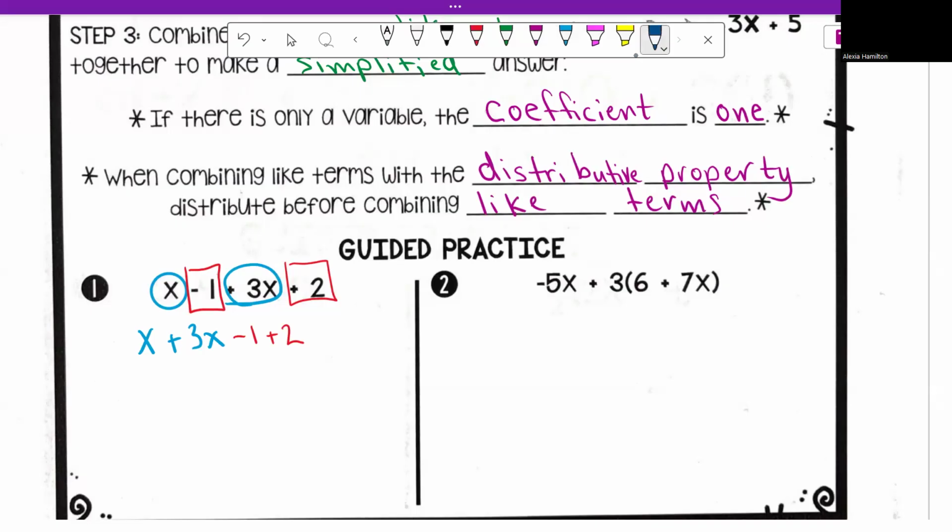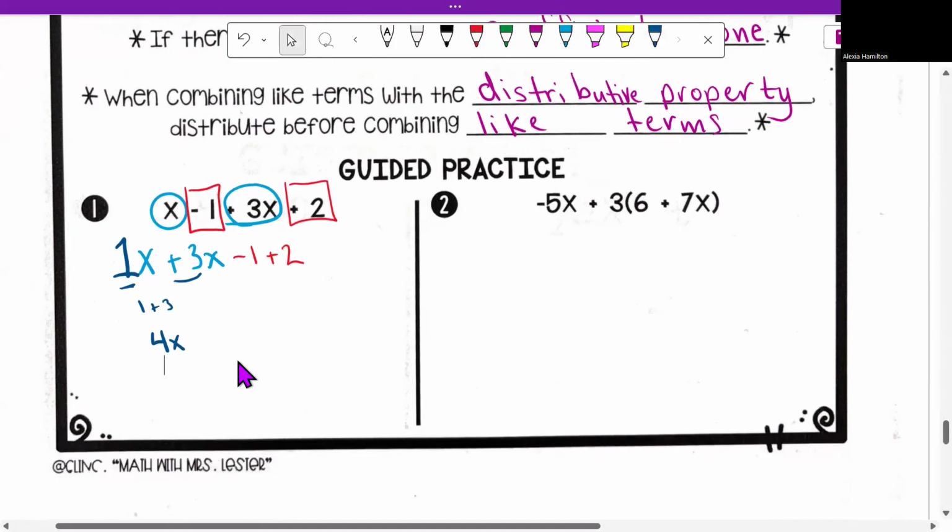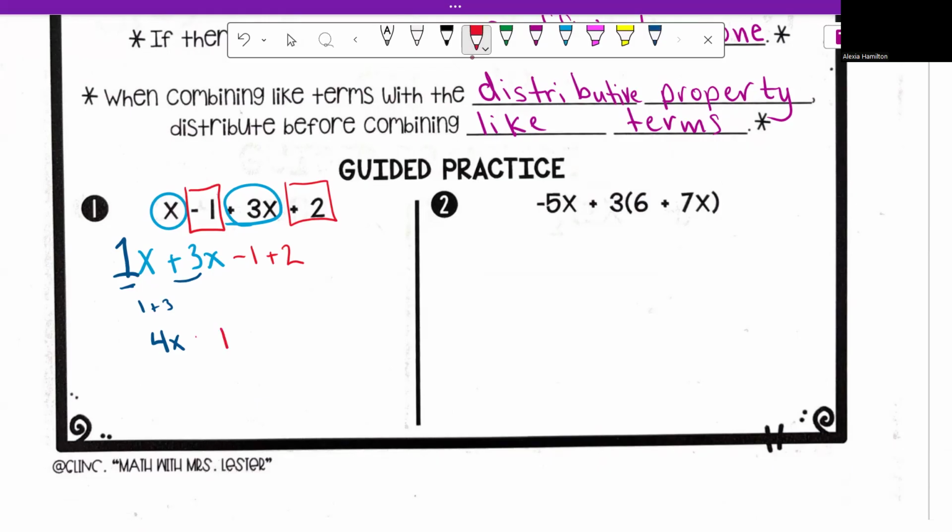Okay, so I like to add my 1, and then I'm going to take that 1 and the +3. So I have 1 plus 3, that gives me a 4. But the x is still there. Like, we can't not write the x. And then I'm going to do my -1 plus 2, and that is a 1. That equals 1. The 1 is positive.